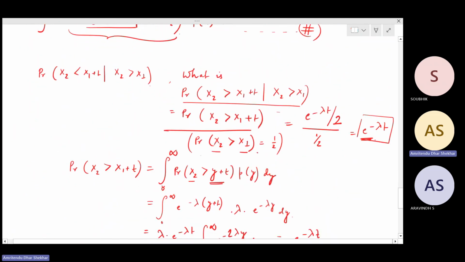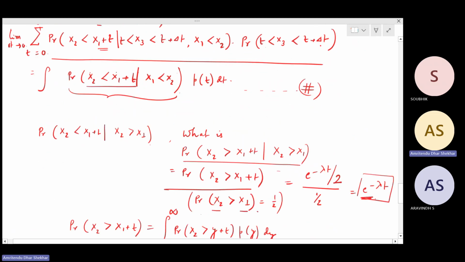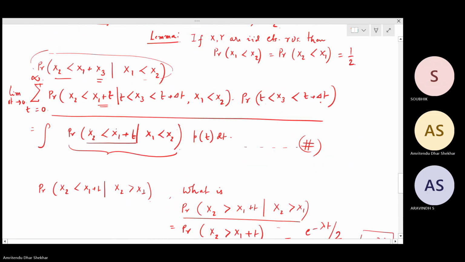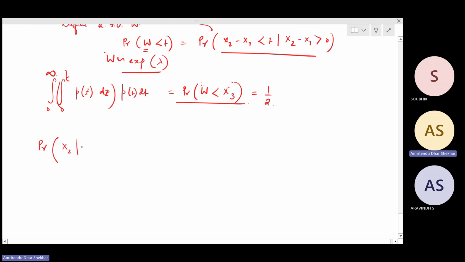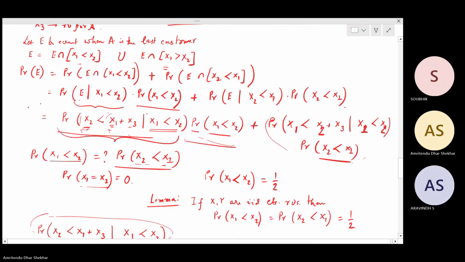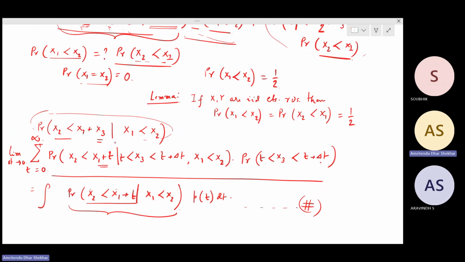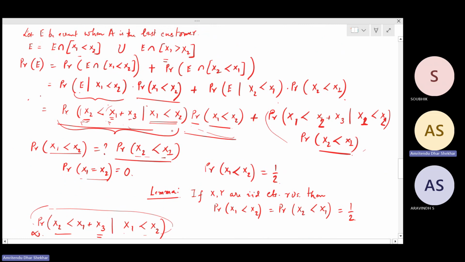We have computed the probability of x2 less than x1 plus x3, given that x2 greater than x1, to be equal to half.